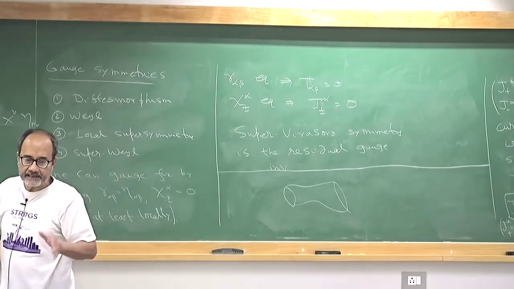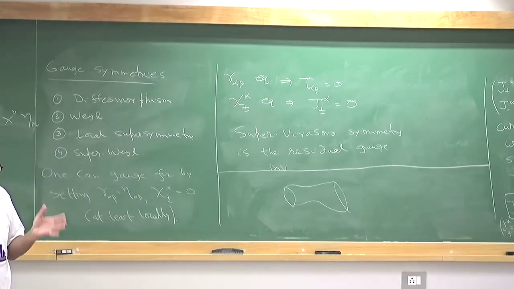Now, besides the x mu's, we have this psi plus minus mu. We can regard them as some additional directions in the target space, even though they are Grassmann variables. They are Grassmann directions in the target space.